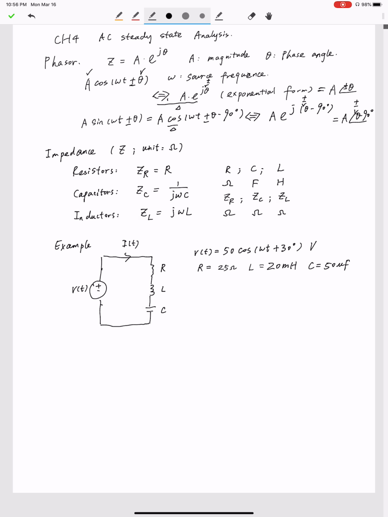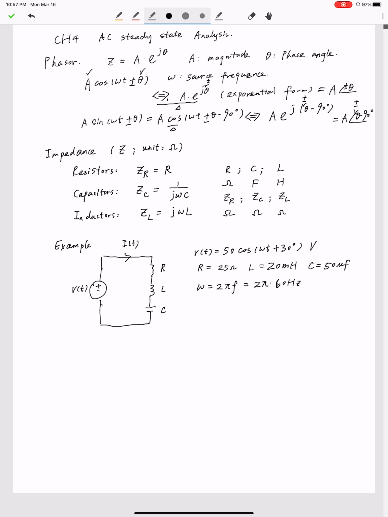To solve this problem, we also know the source frequency omega, which equals 2 pi f, which equals 2 pi times 60 hertz, and that can be calculated.